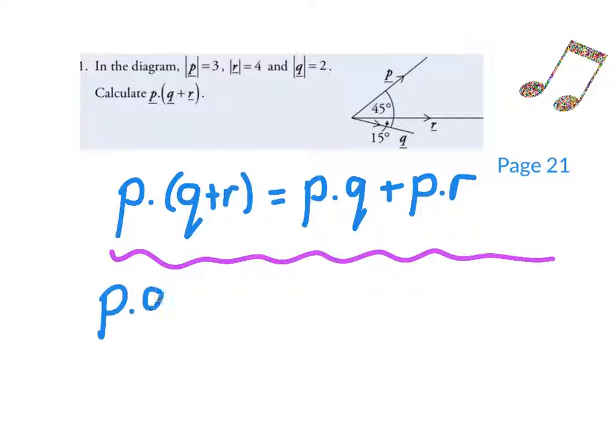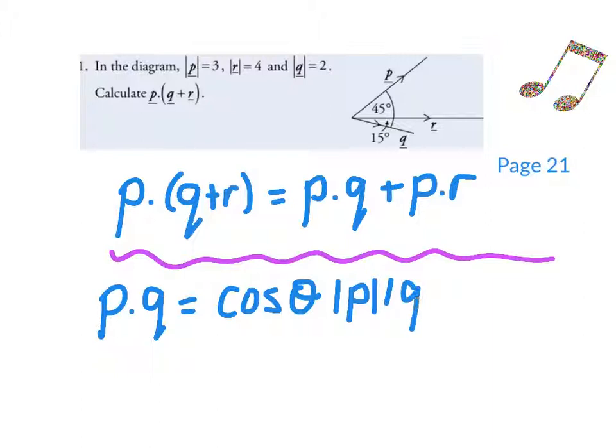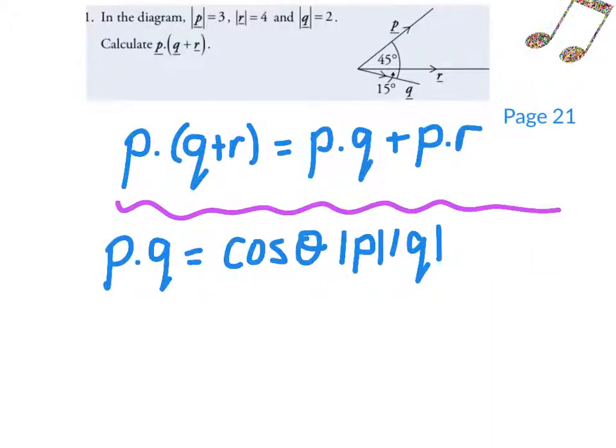P dot Q is equal to cos of the angle in between multiplied by the magnitude of P multiplied by the magnitude of Q. This is given to us on the formula sheet. Now between P and Q we have an angle of 60 degrees.